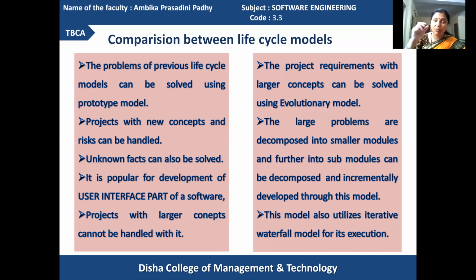We have already discussed the benefits of the evolutionary model. In the evolutionary model, we are solving how larger concepts and larger problems can be formulated. The larger problems will be decomposed into smaller modules, and each smaller module will be further divided into more submodules, and those can be incrementally developed.